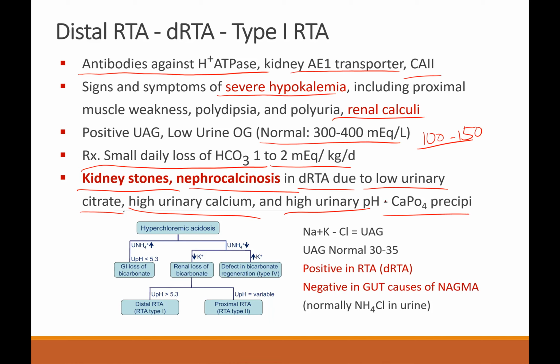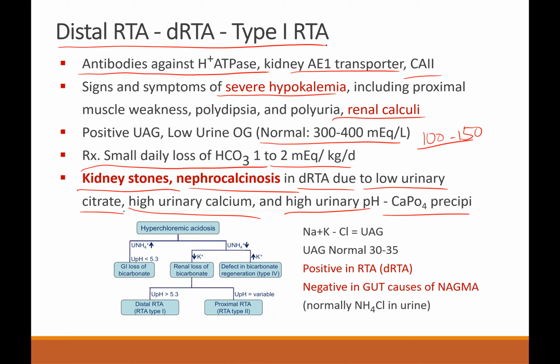That is deposited in the kidney as renal stones as well as nephrocalcinosis, deposition in the kidney parenchyma. Renal stones are stone formation in the pelviureteric junction, pelvis, ureter, and the bladder, stones passed into the bladder. So if somebody is getting recurrent renal stone disease, you must think of distal RTA.